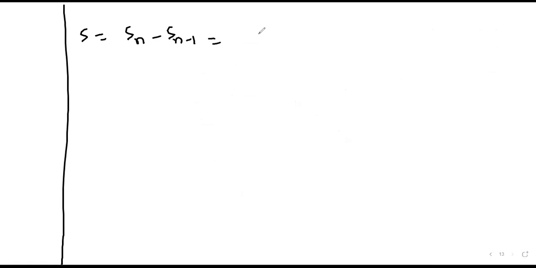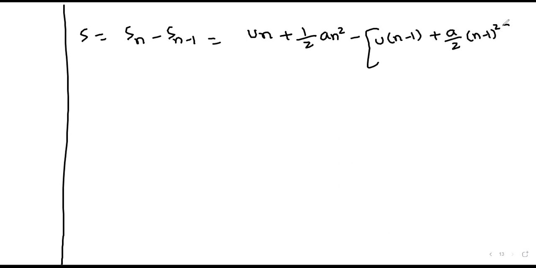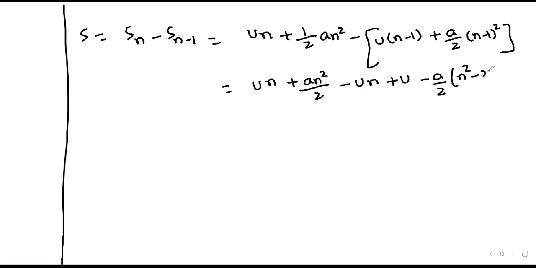That is nothing but un plus half an square minus of u times n minus 1 plus half a times n minus 1 whole square. So u multiplied by n plus a n square by 2, expand this, minus un plus u minus a by 2 times n square minus 2n plus 1.